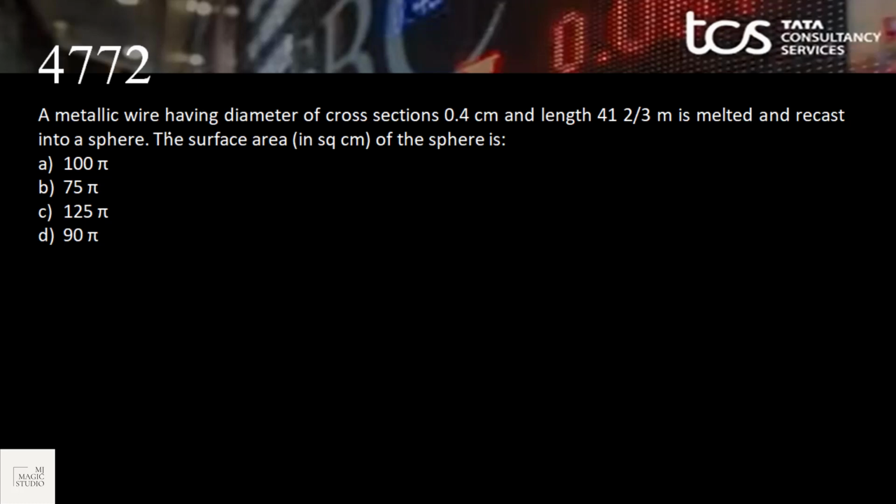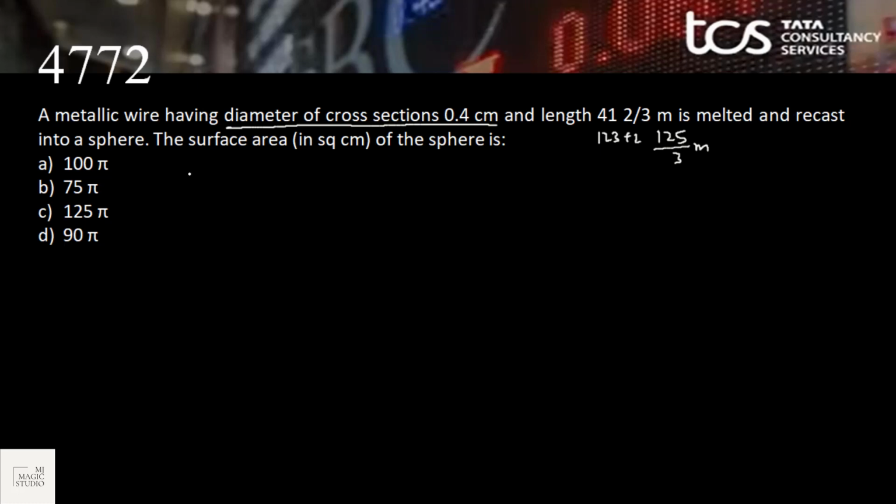A metallic wire having diameter of the cross section 0.4 centimeter and length 41 2 by 3 meters, that will be 123 plus 2 by 3, or 125 by 3 meter. That can be taken as height. Cylindrical metallic wire, it can be treated as, is melted.